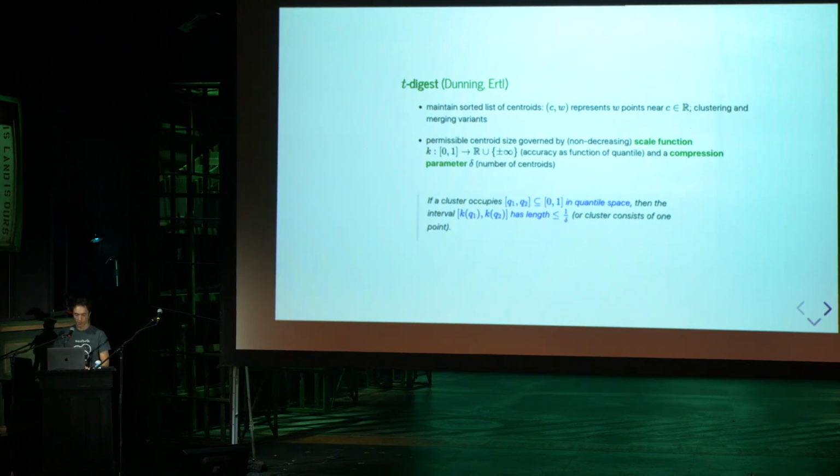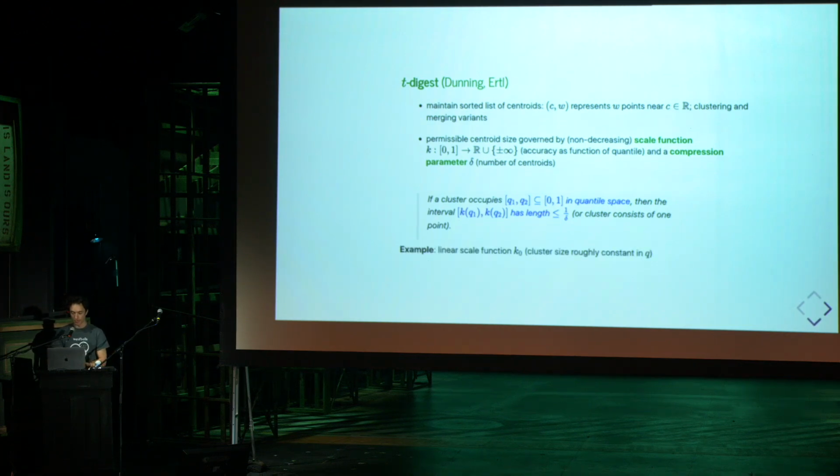So it controls the size. And the condition is that if you have a cluster or a centroid that occupies some region in quantile space, say Q1 to Q2, then when you apply the scale function k and look at the difference between the endpoints, that difference can be at most 1 over delta, right? Or the cluster can consist of a single point.